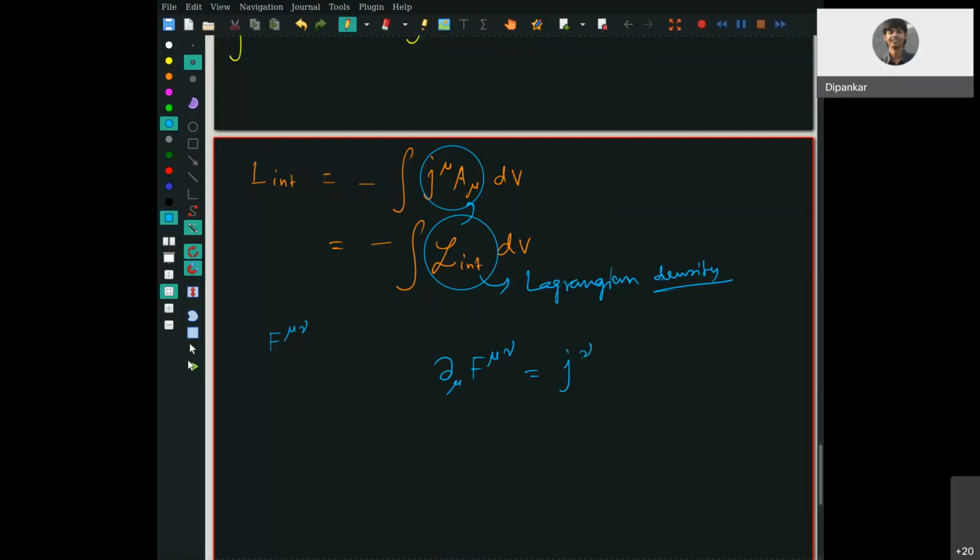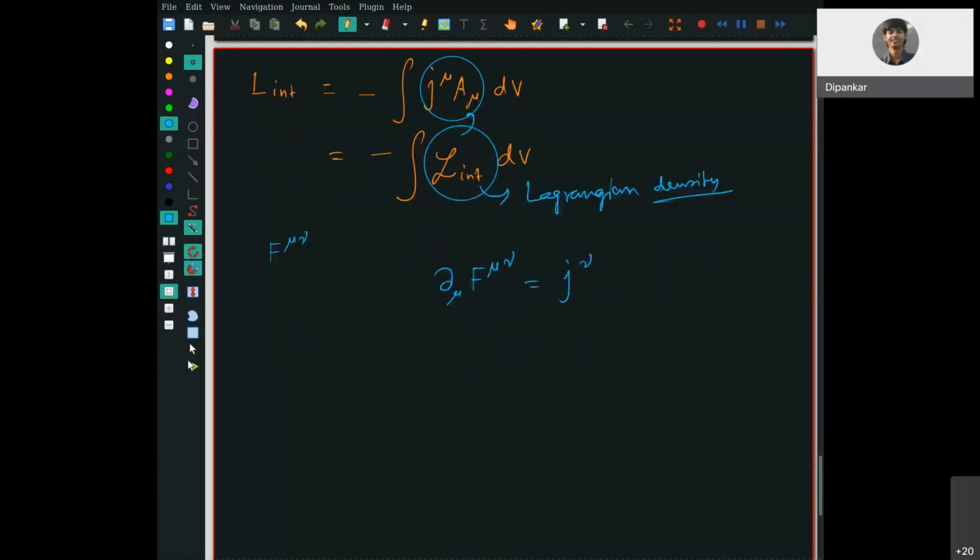I guess these are your Maxwell's equations. This follows from a Lagrangian density, minus 1 by 4 F mu nu F mu nu, minus J mu A mu.